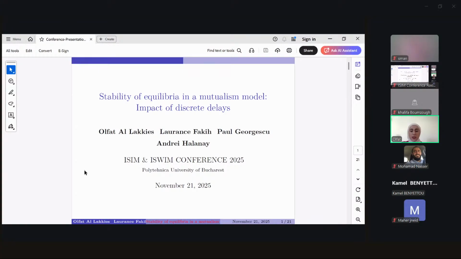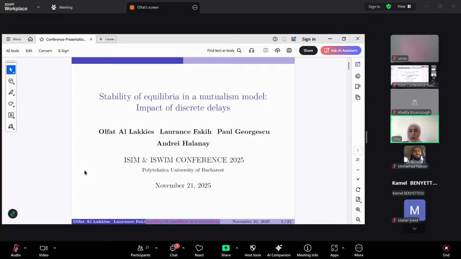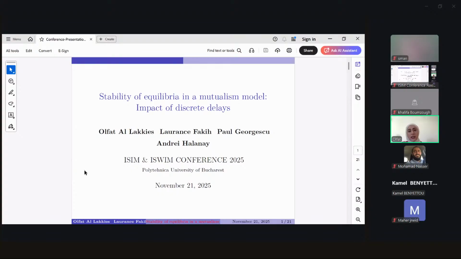So now I will start. Today I will discuss the stability of a mutualism model with discrete delays and how these delays influence species dynamics.